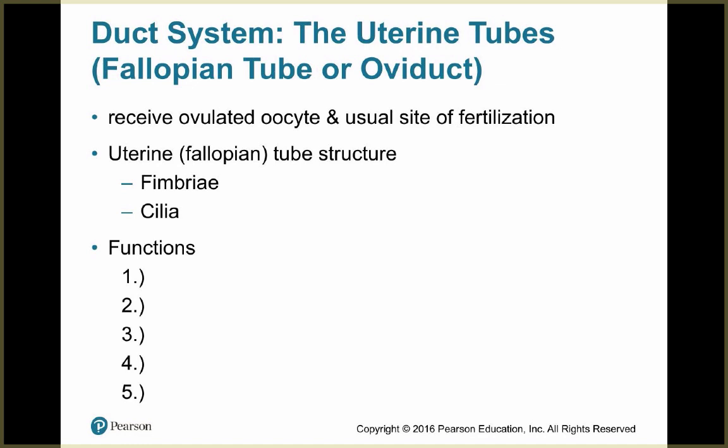Now, within this region, they basically have these ciliated fimbriae. And these are going to help create a current to move the oocyte into the uterine tube.